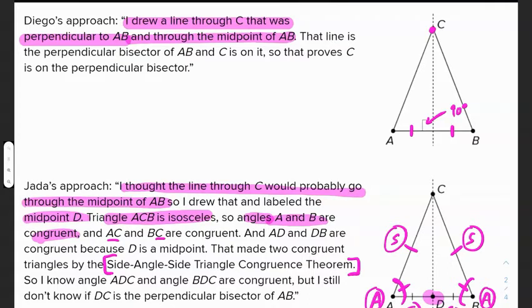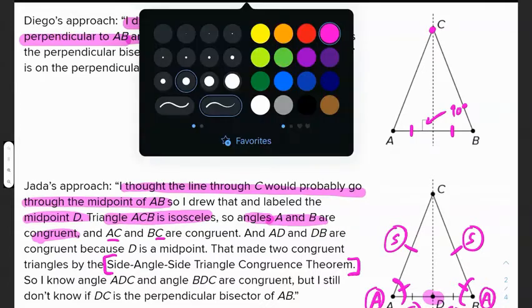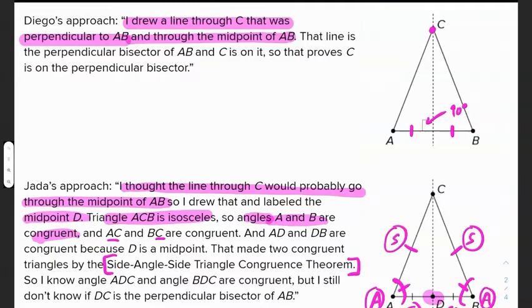So she says, I know angle ADC and angle BDC are congruent, but I still don't know if DC is a perpendicular bisector of AB. Interesting. So she knows, let me highlight it. This is her issue. She knows that these two angles are congruent.